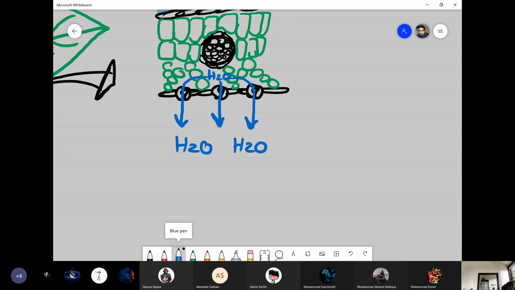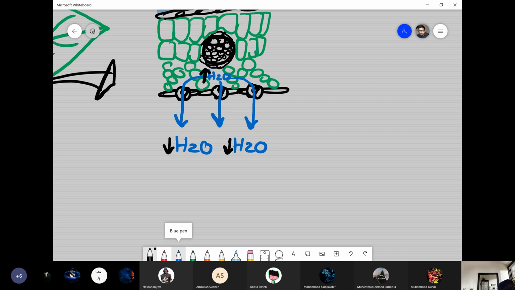Now, remember one thing, this water always moves from higher concentration to lower concentration. It means that water inside the leaves, inside the air spaces, is in higher concentration, and outside the leaf, the water is in low concentration.